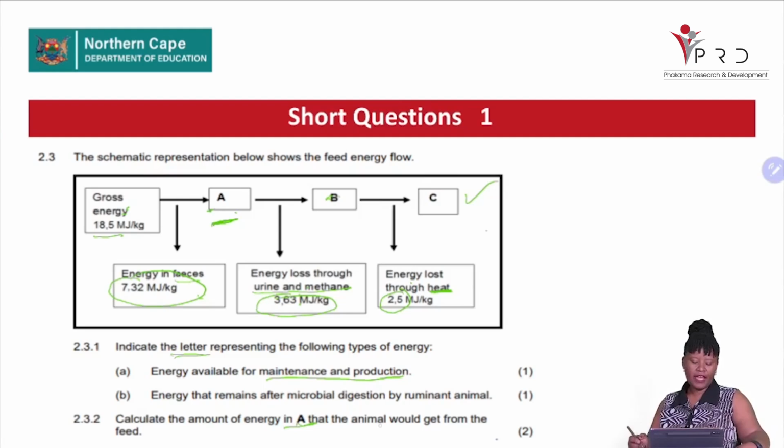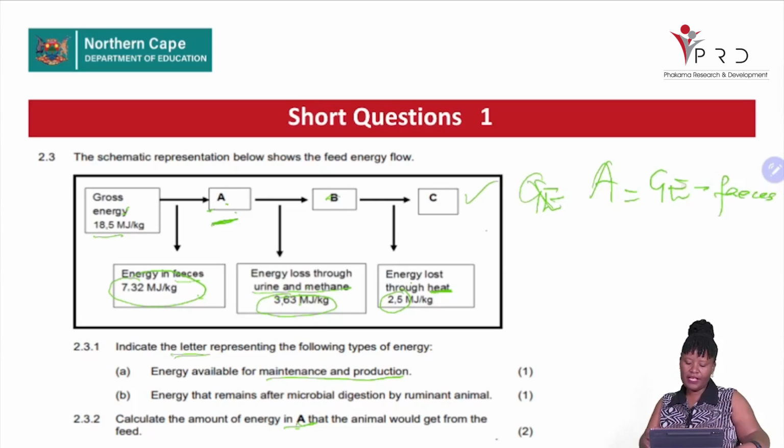Okay. Then in order to do your calculations, you need to know that you work with gross energy. In order to find A, your A is equal to gross energy minus feces.